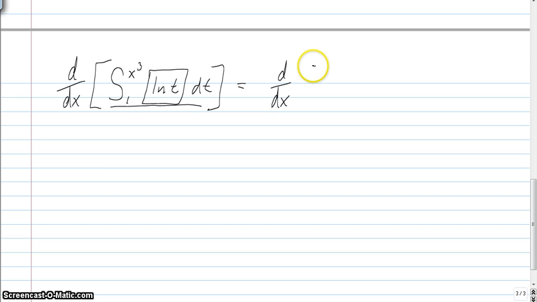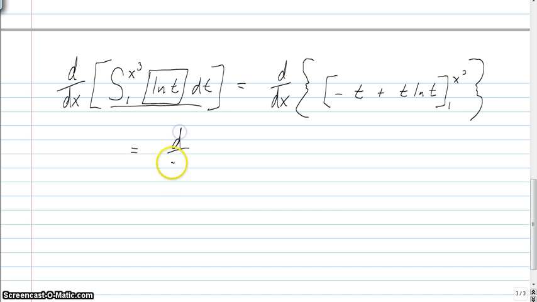I won't go through the integration by parts, but just to show you that we can verify this, we want the derivative with respect to x of, let's see here, we'll use a brace, the antiderivative of natural log of t, which comes out to be negative t plus t natural log t. We're going to evaluate that from 1 to x cubed. So I'm taking my derivative with respect to x.